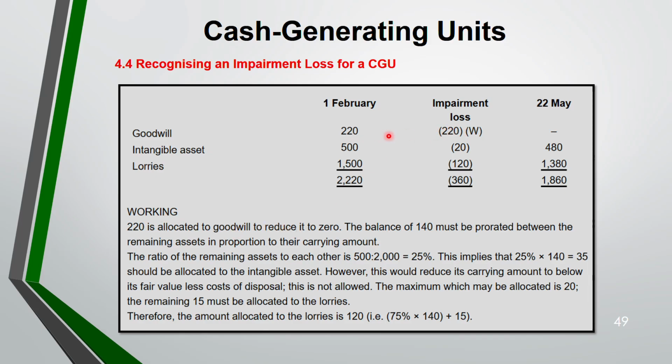Already we have 220. We'll allocate the impairment loss of 220 to reduce it to 0. The balance of 140 must be prorated between the remaining assets in proportion to their carrying amount. So what is the total impairment loss?